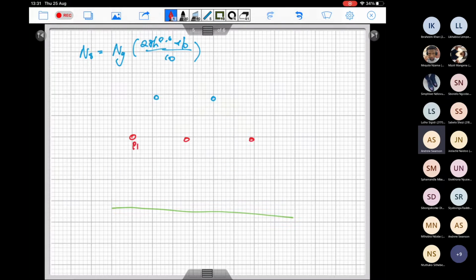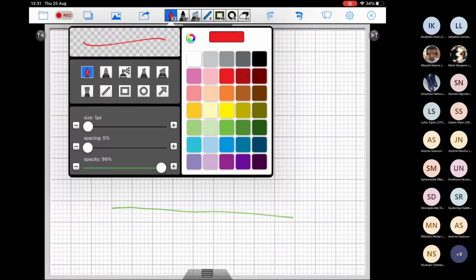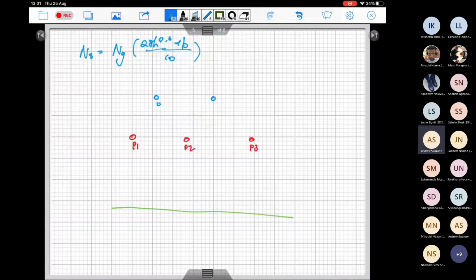There's phase 1, phase 2, phase 3, and we've got Earth 1 and Earth 2.